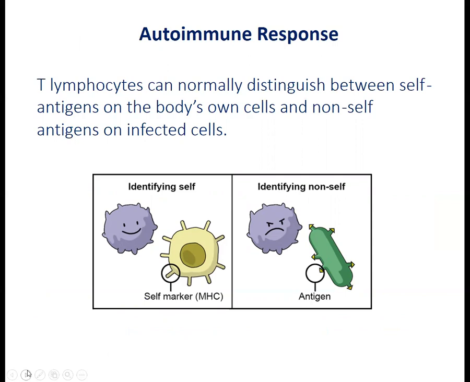So you just need to know what an autoimmune disease is, or an autoimmune response. Normally T lymphocytes are able to distinguish between self and non-self antigens on infected cells.